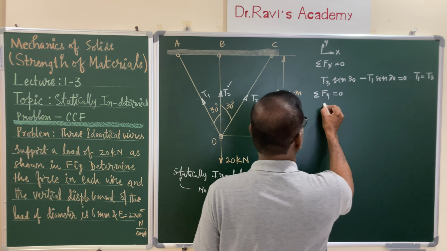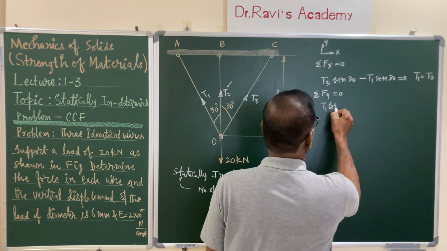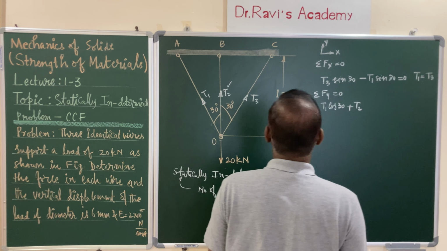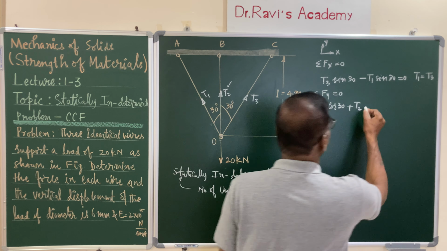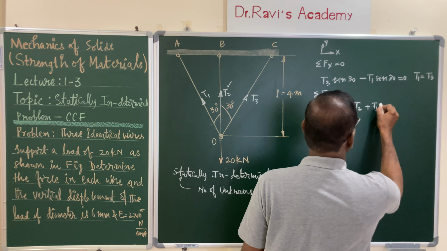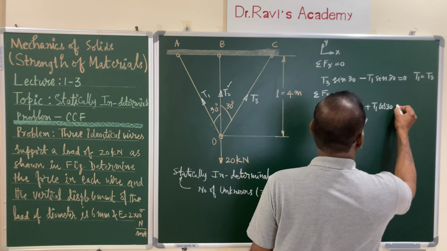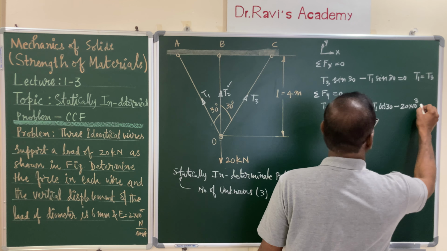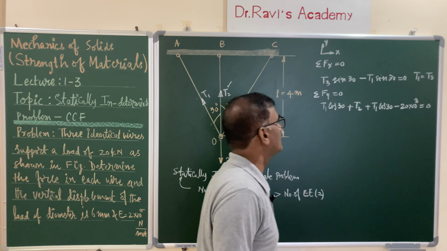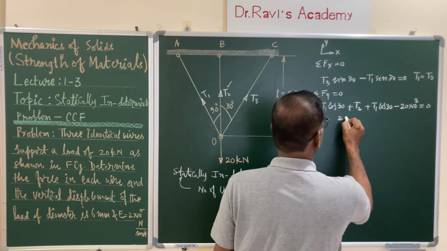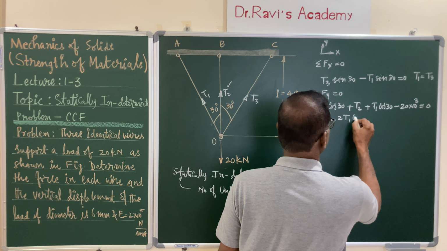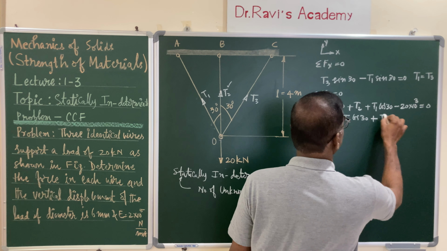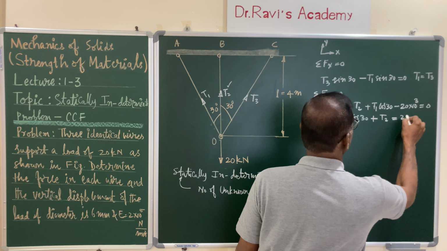Now, as you know that T3 is equal to T1, you can write T1 cos 30 plus T1 cos 30 plus T2 minus 20 into 10 to the power 3 newtons is equal to 0. So you can rewrite this as 2 T1 cos 30 plus T2 is equal to 20,000.